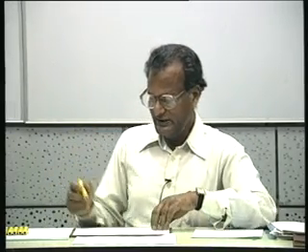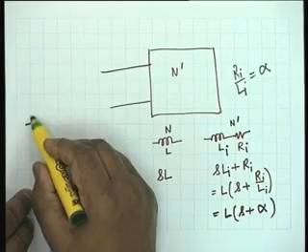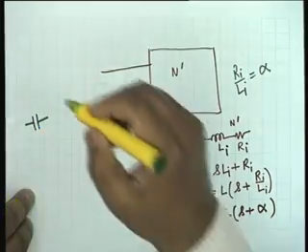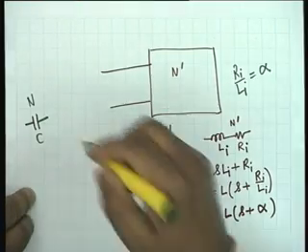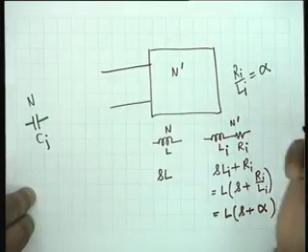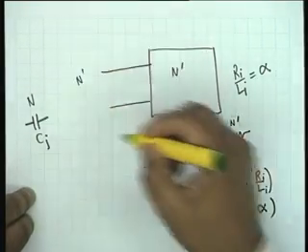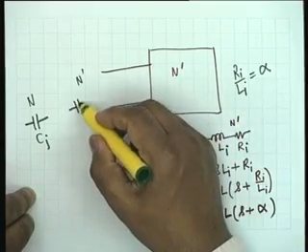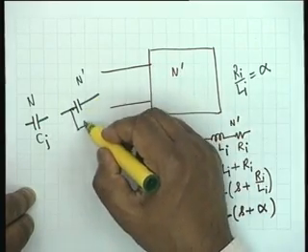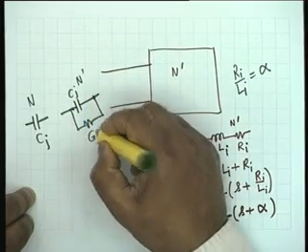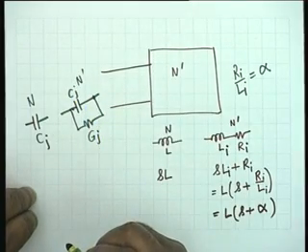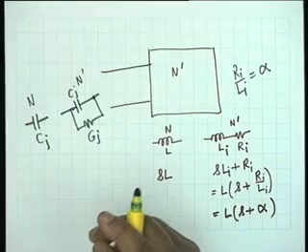Similarly, every capacitor Cj in N is augmented in N prime by a shunt conductance Gj, such that I make each capacitor lossy.